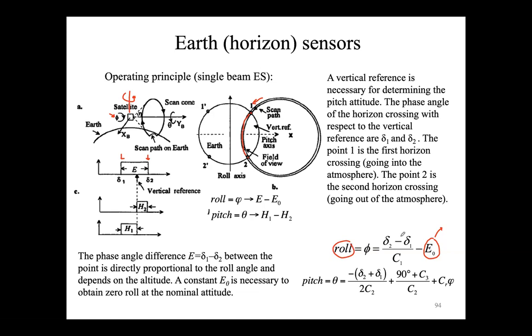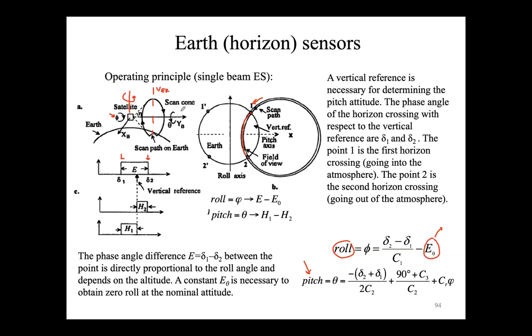So if you want to determine the roll axis of the spacecraft, you need to know the altitude at which the spacecraft is. The other angle that you can determine is the pitch axis using the Earth horizon sensor. The Earth horizon sensor gives you a good pitch angle estimation if you include a vertical reference to the sensor itself.